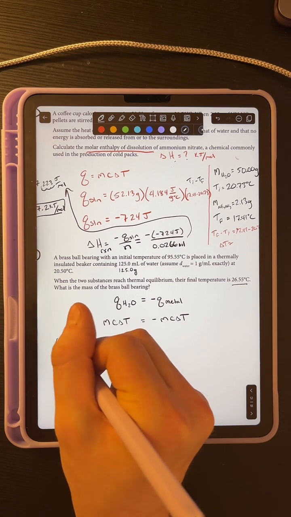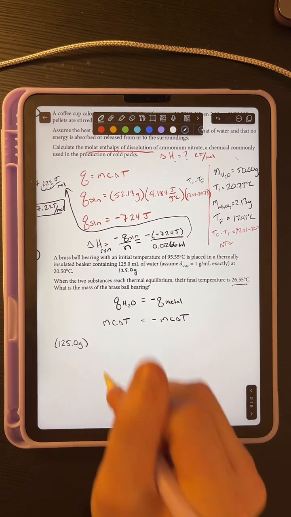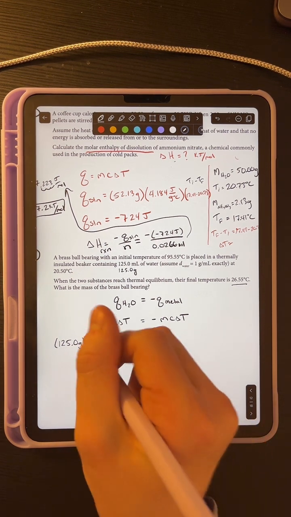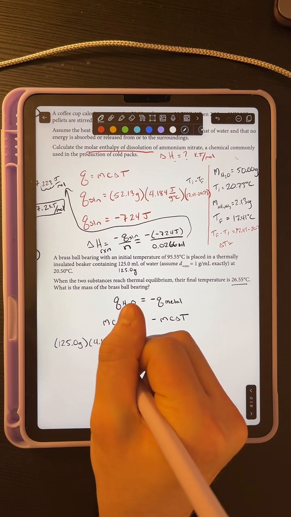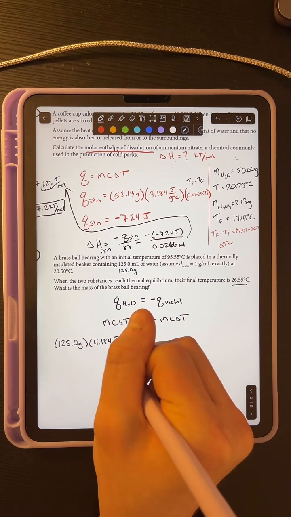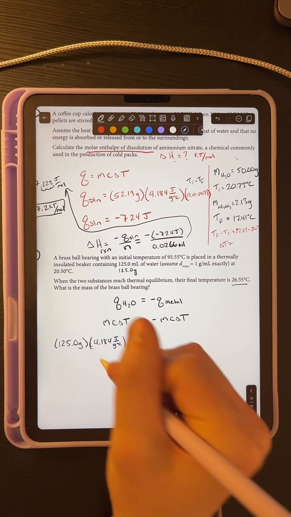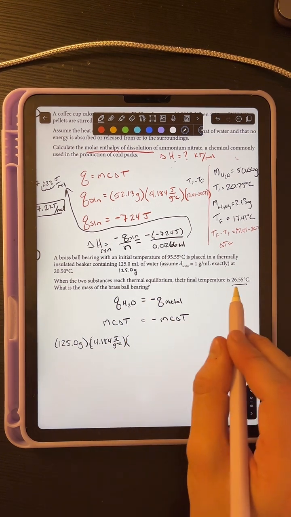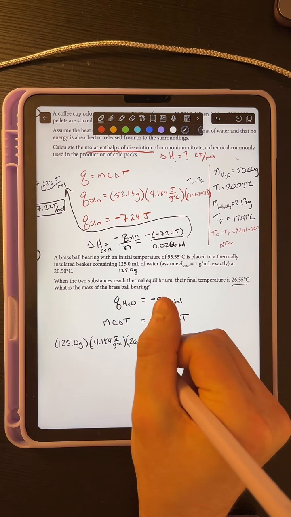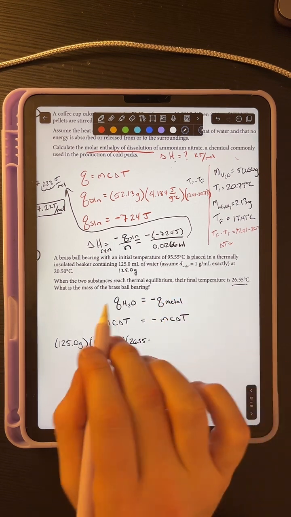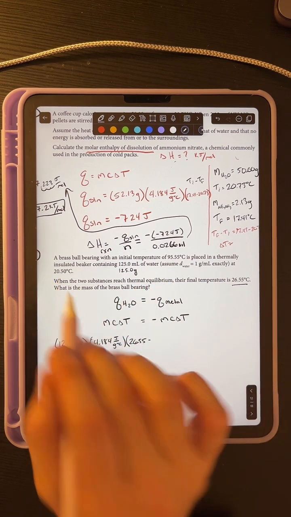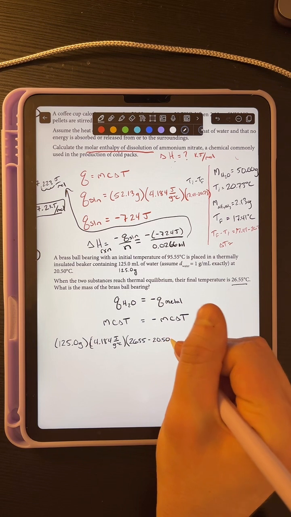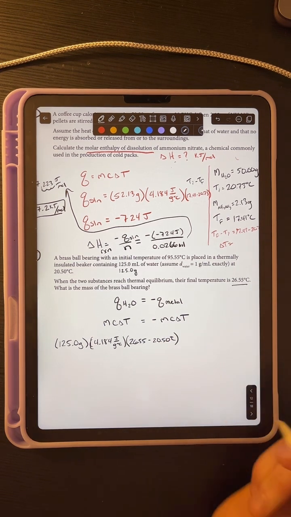So mass of water is 125.0 grams. Then we have our specific heat capacity of water, that is 4.184 joules per gram degree Celsius. And our delta T, if we do final minus initial, our final temperature is 26.55, and the initial is 20.50 degrees Celsius.